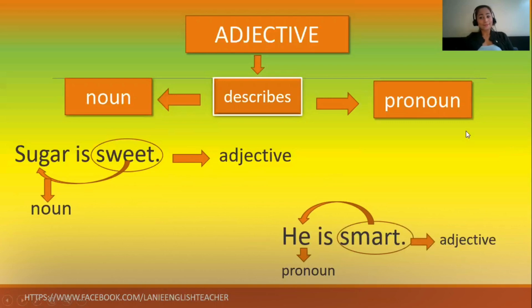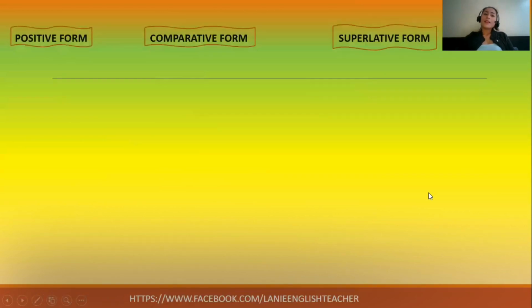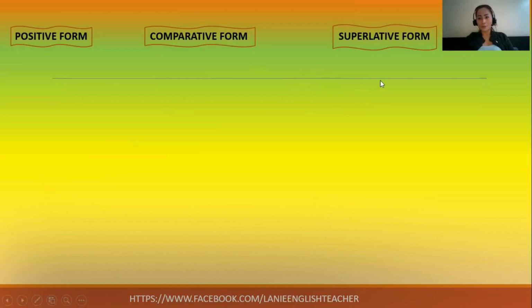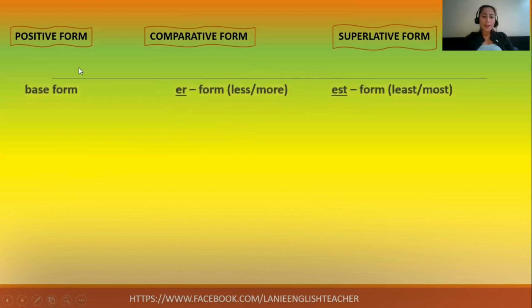Is that clear? Good. Now, there are three forms of adjective, namely positive form, comparative form, and superlative form. Positive form is the base form, while comparative form is the ER form or the less or more form, while the superlative form is known as the EST form or least or most.